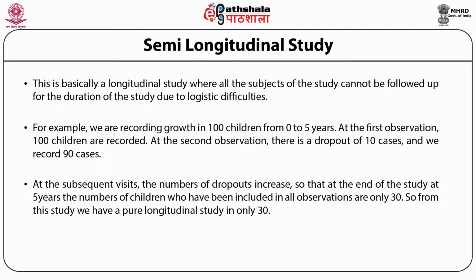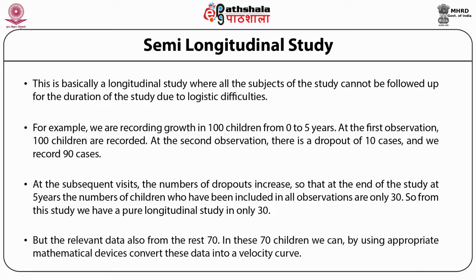So, from this study, we have a pure longitudinal study in only 30. But we have relevant data also from the rest 70. In these 70 children, we can, by using appropriate mathematical devices, convert this data into a velocity curve.